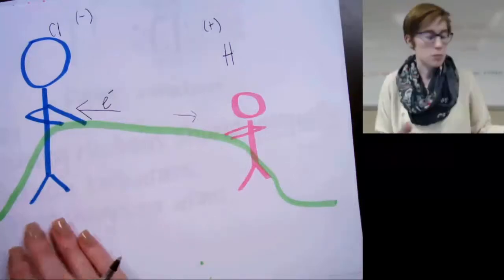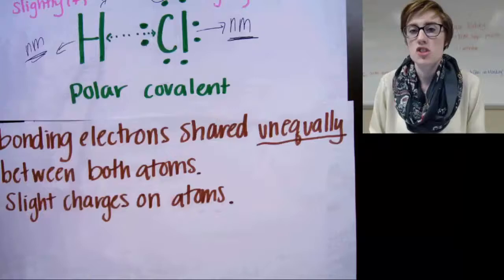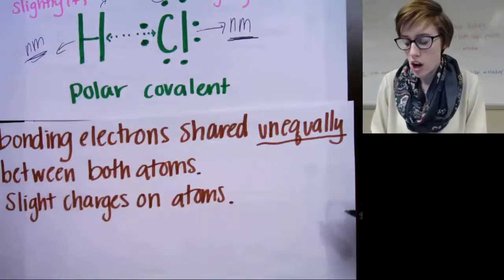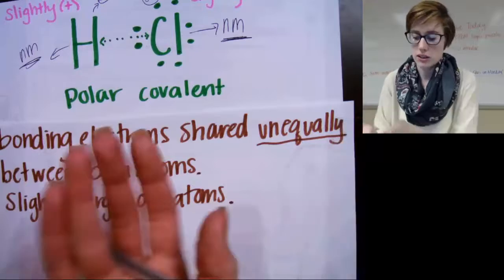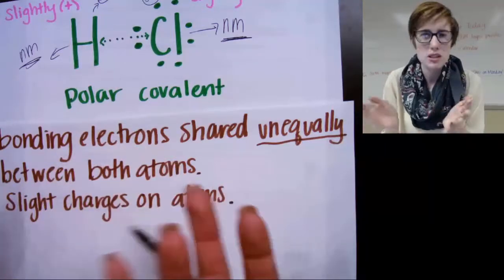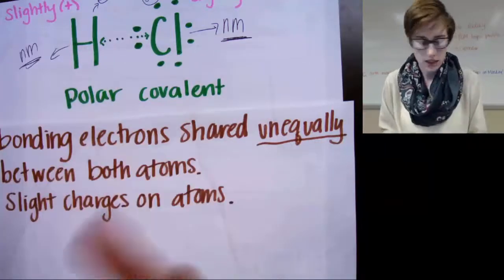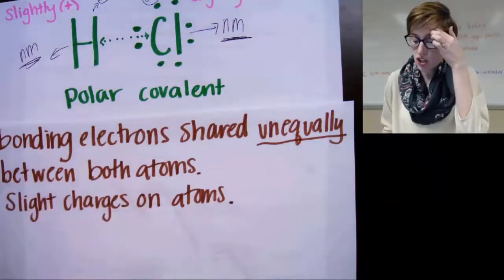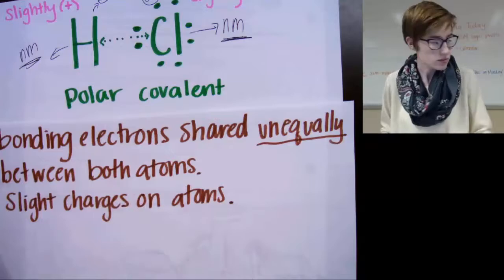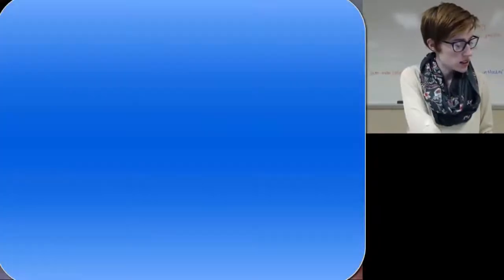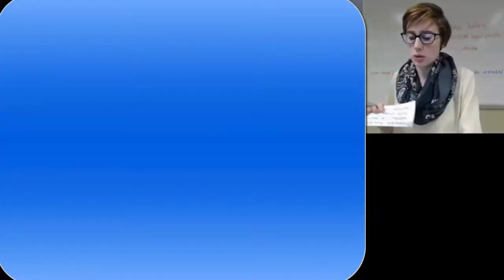So, in a polar covalent bond, are the atoms shared? Yes, they are. Are they evenly shared or unevenly shared? Well, they're unevenly shared because chlorine is stronger, so to speak, than hydrogen. Okay? So we say that there's slight charges on the atoms now because it's unequally shared. And then the last type of bond is the ionic bond, which you guys are familiar with.